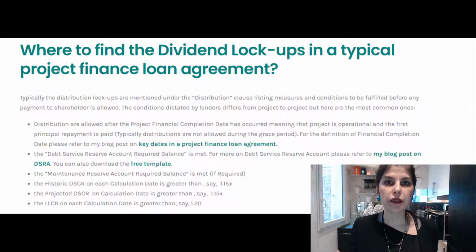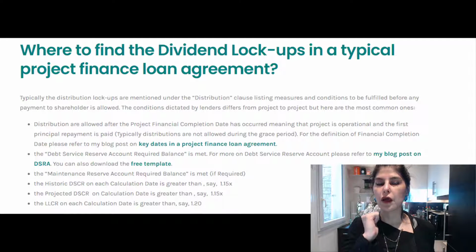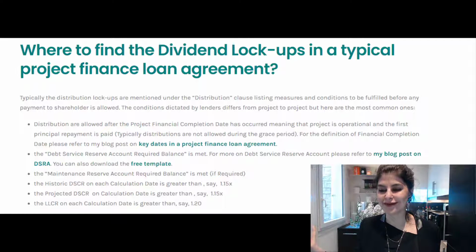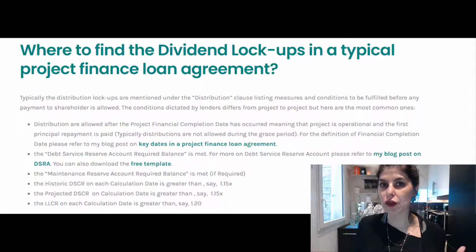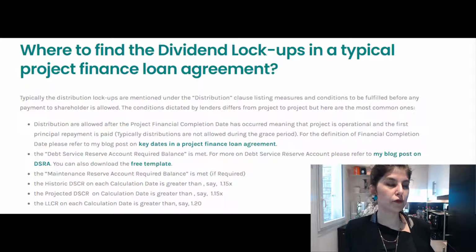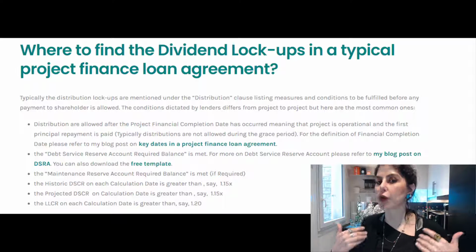First of all, they're going to impose that you cannot distribute dividends unless you have met some conditions. The obvious one is that the project has reached the financial completion date, meaning that the project is already operational.